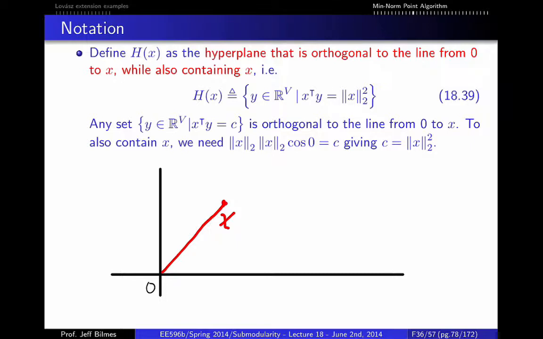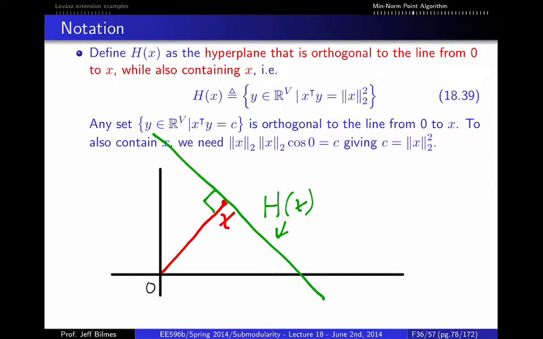And the h of x is going to be this thing, where it's orthogonal. So it's a hyperplane that is orthogonal to the line from 0 that is also containing x.